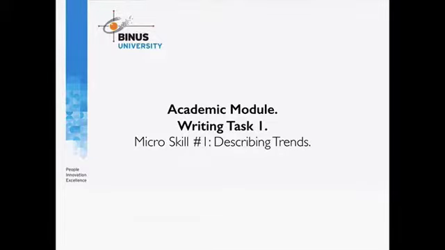This is an important session for the writing task 1 of the academic module, and I want to talk about describing trends, which is one of the micro skills that you need to have in order to write your task 1 answer properly. Now, what do I mean by describing trends?